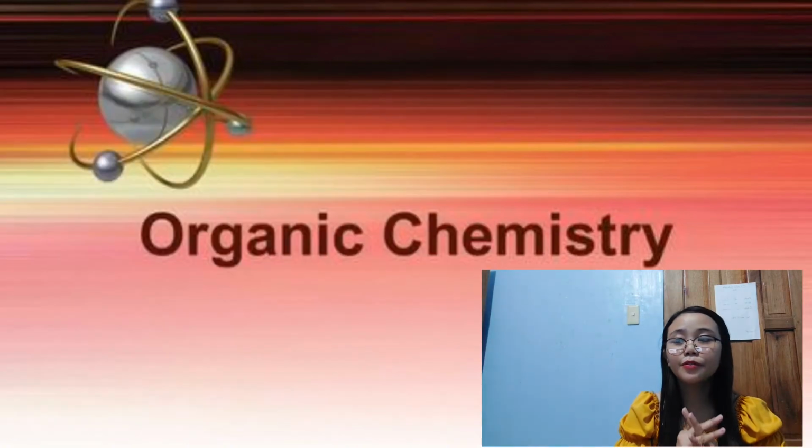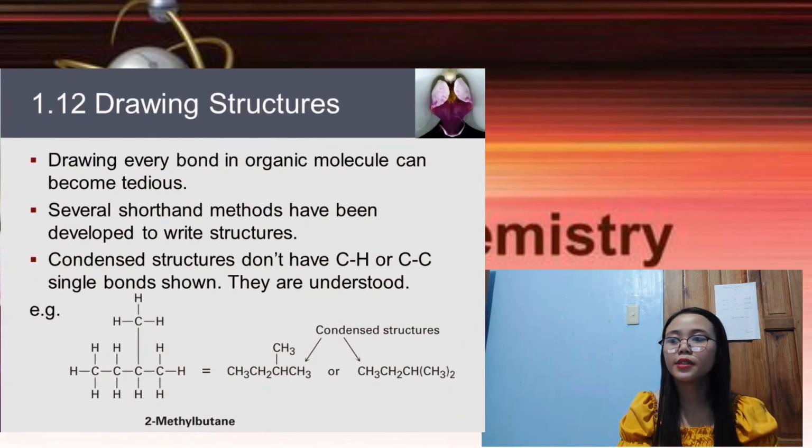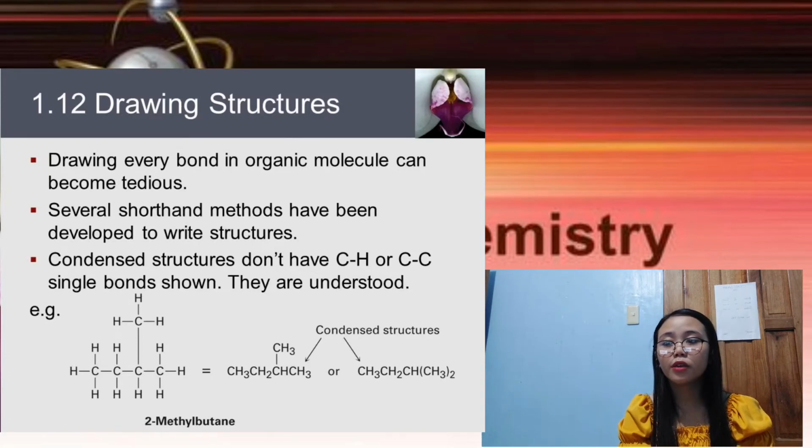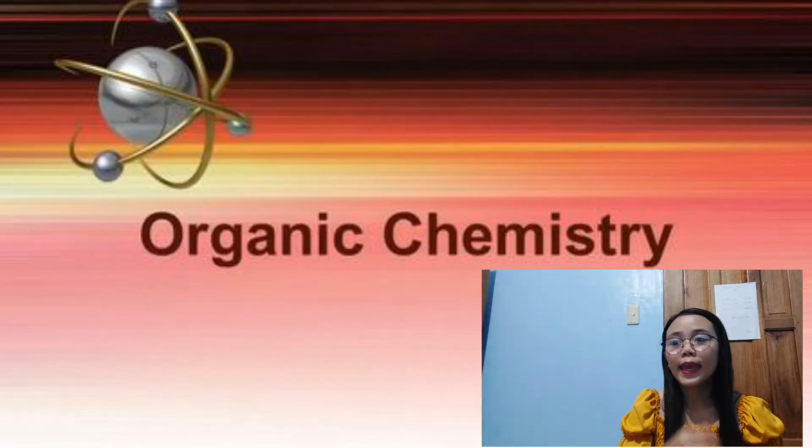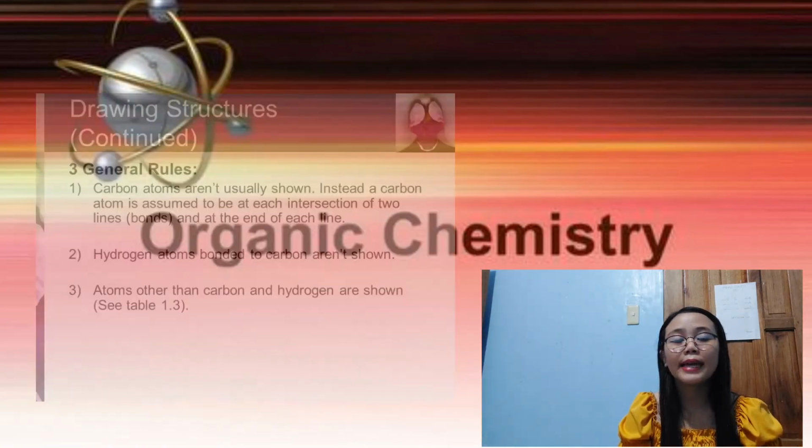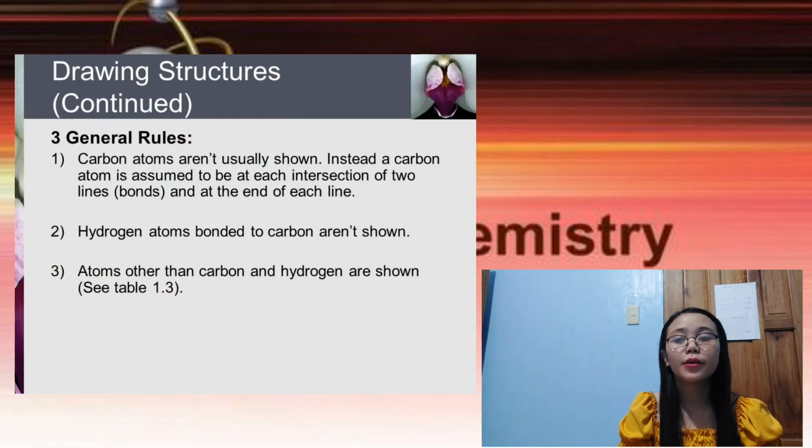And now let's move on to drawing structures. Drawing every bond in an organic molecule can become tedious. Several shorthand methods have been developed to write structures. Condensed structures don't have C-H or C-C single bonds shown; they are understood. In drawing structures, there are three general rules.